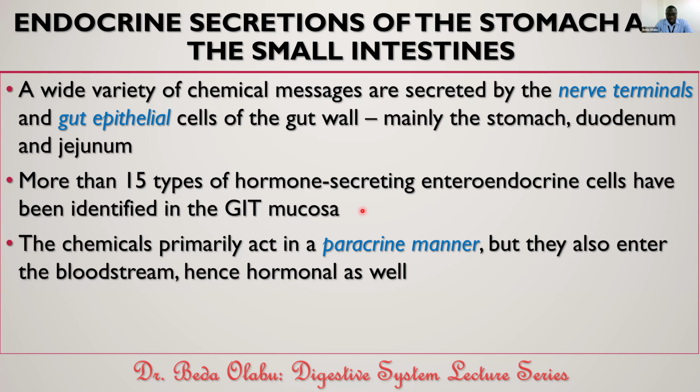When you say paracrine, it means that the secretions are released into the extracellular fluid, and they move through diffusion within the extracellular fluid to affect neighboring cells. So that is paracrine. However, some of these chemicals enter the bloodstream, which means that they can be transported to far places from the site of production, and that makes them hormonal.